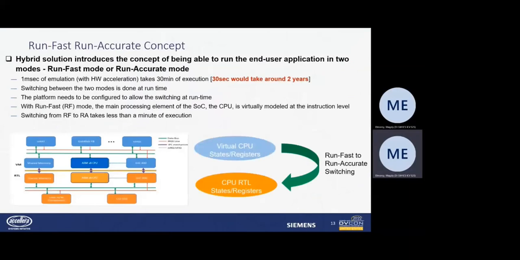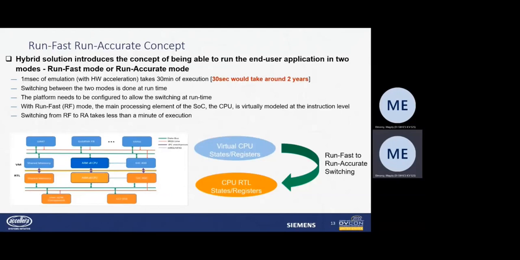Then let's talk a little bit about run fast, run accurate. As I said, we have a specific application coming from a real customer. It is a DAS application, an automotive application for auto driving, and it runs on real hardware for 30 minutes.